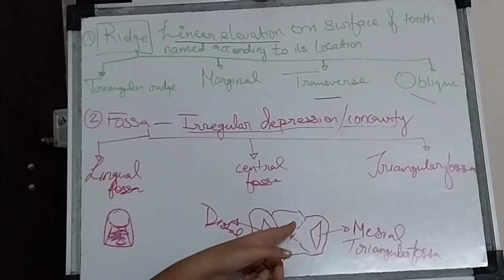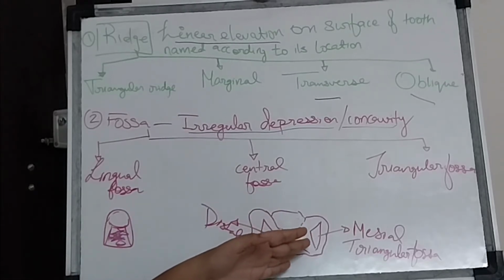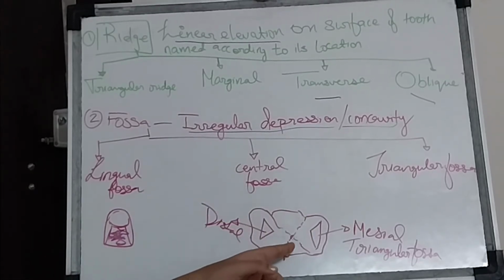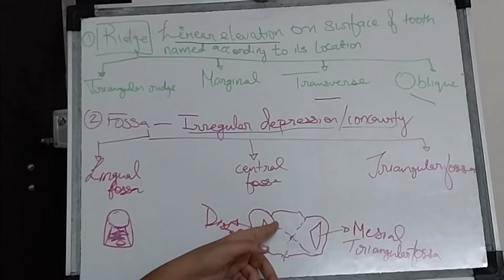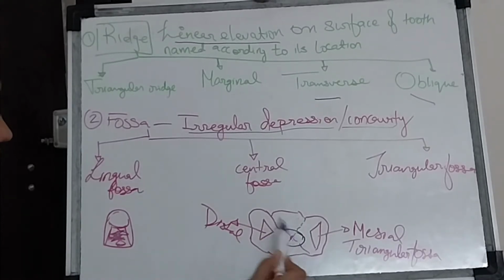I'll tell you shortly what grooves are. These ridges over here terminate at the center pit, this point. Okay, so this is the central fossa.